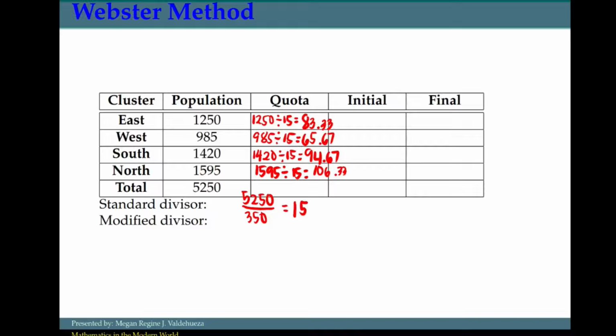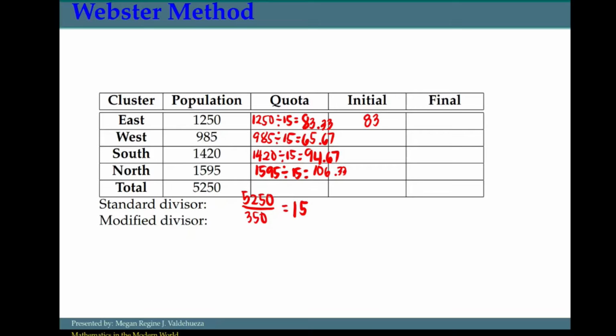Next, we decide if we will round up or round down the quotient. So, for 83.33, since 0.33 is less than 0.5, then we round down the quotient. So we have 83.